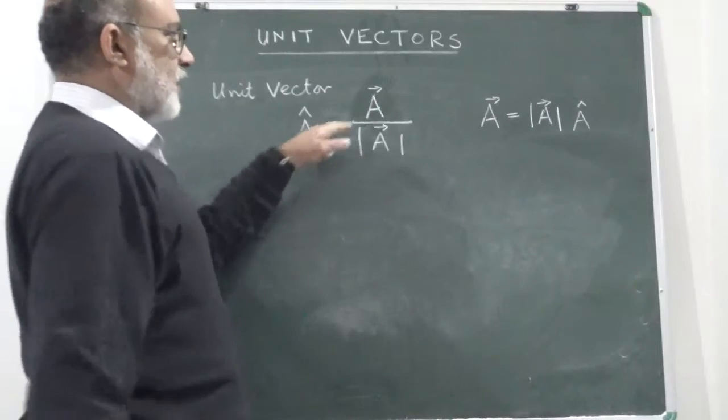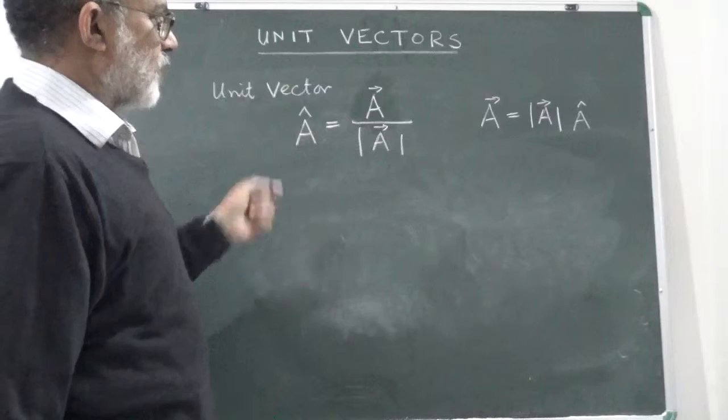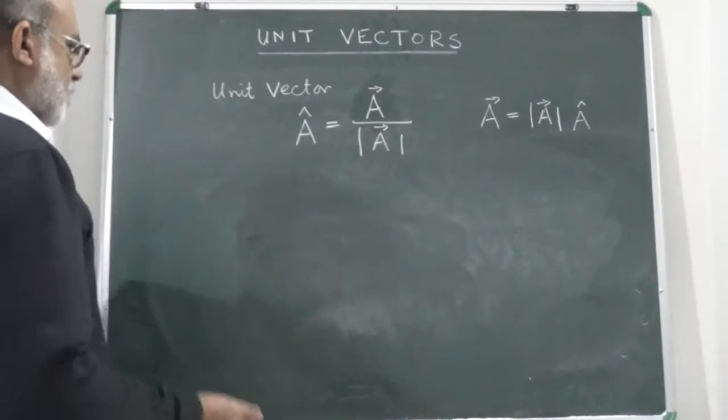So the unit vector of A is the vector divided by its magnitude.